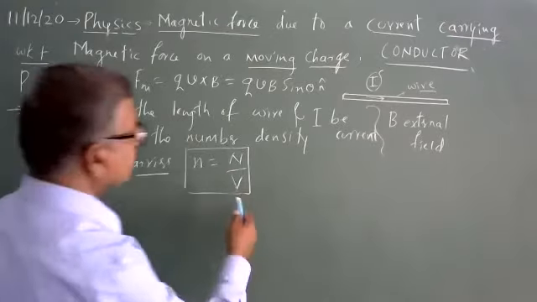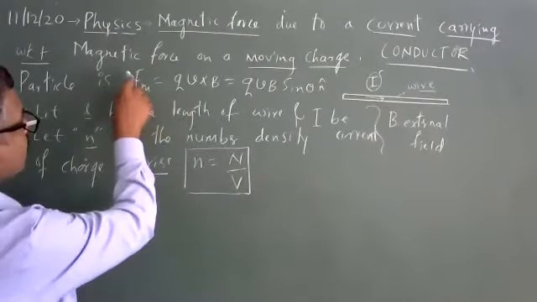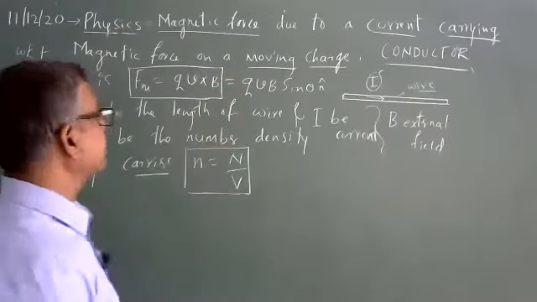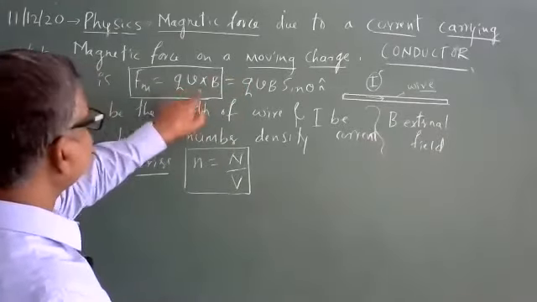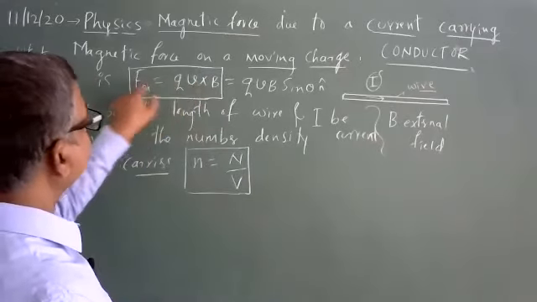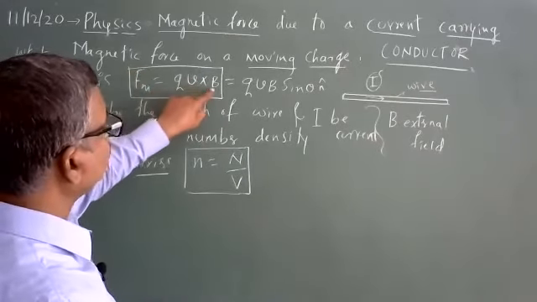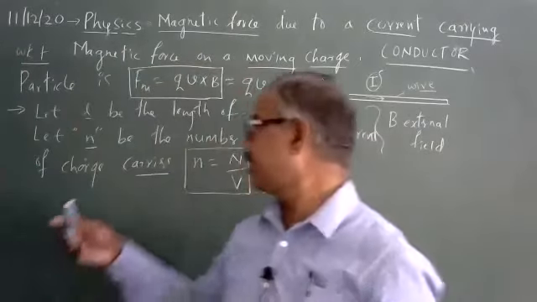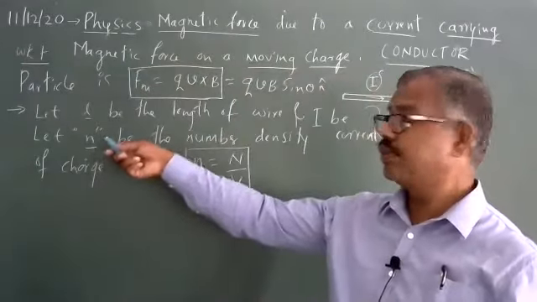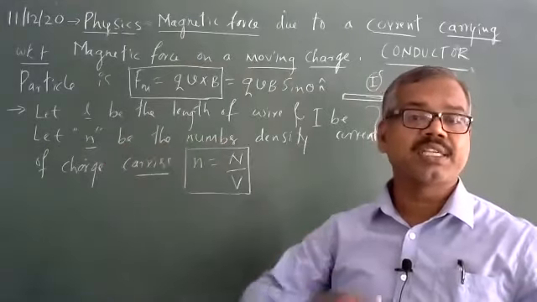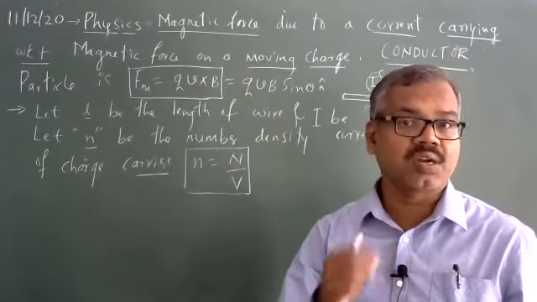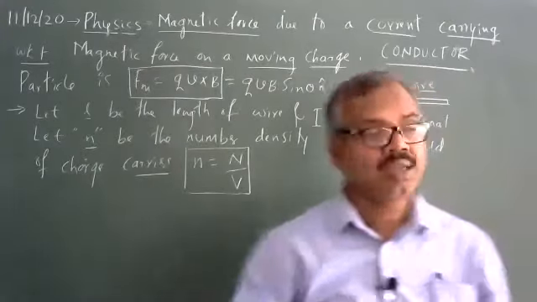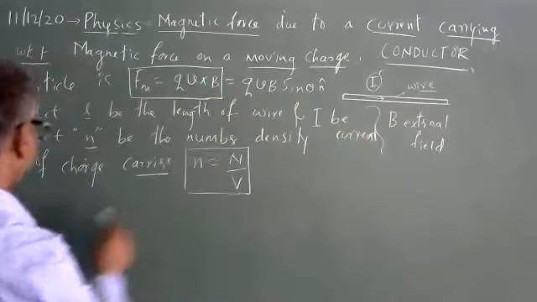If for one charge, what is the magnetic force? You have one charge which is moving with velocity v, and the magnetic force is given by q v cross B. If there are n charges, each with electronic charge e, all moving with a velocity v, let me write this formula once again.